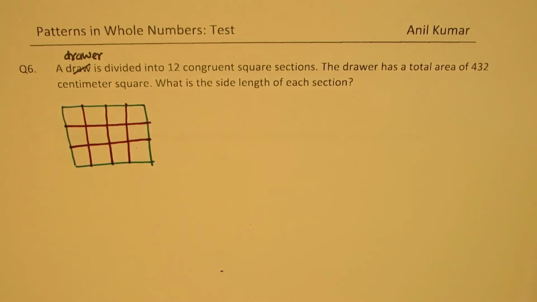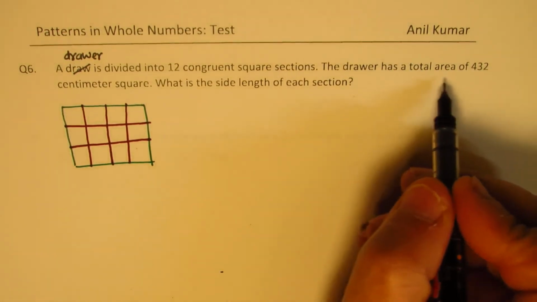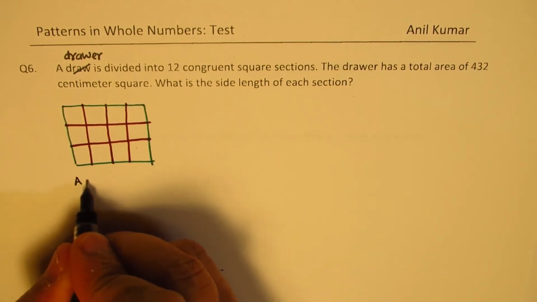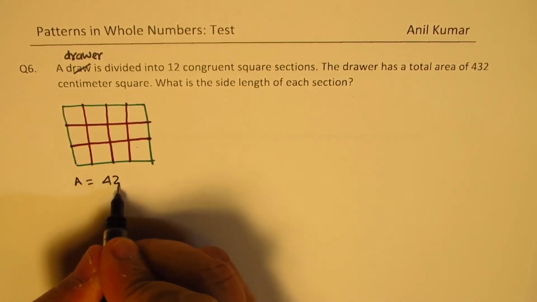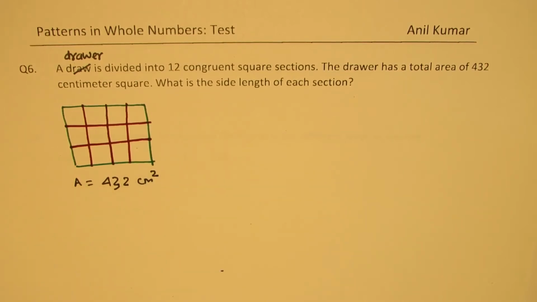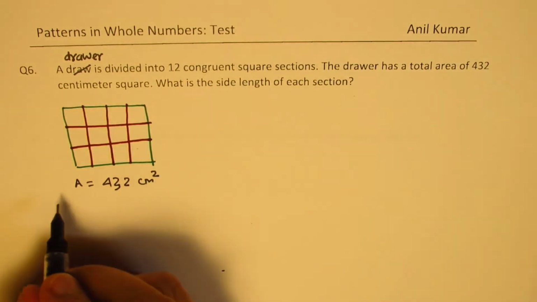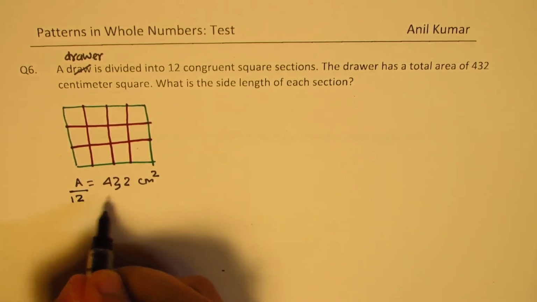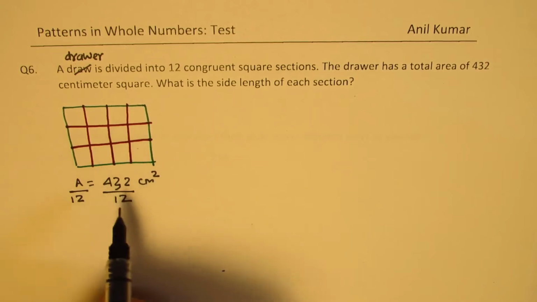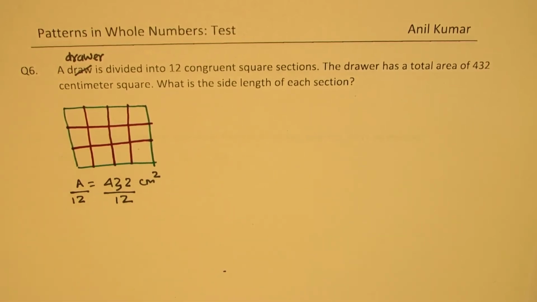Now let's try to understand the question. It has a total area of 432 centimeters square. It is divided into 12 congruent parts. So let's divide this area into 12 parts. So each small area is 432 divided by 12, right?